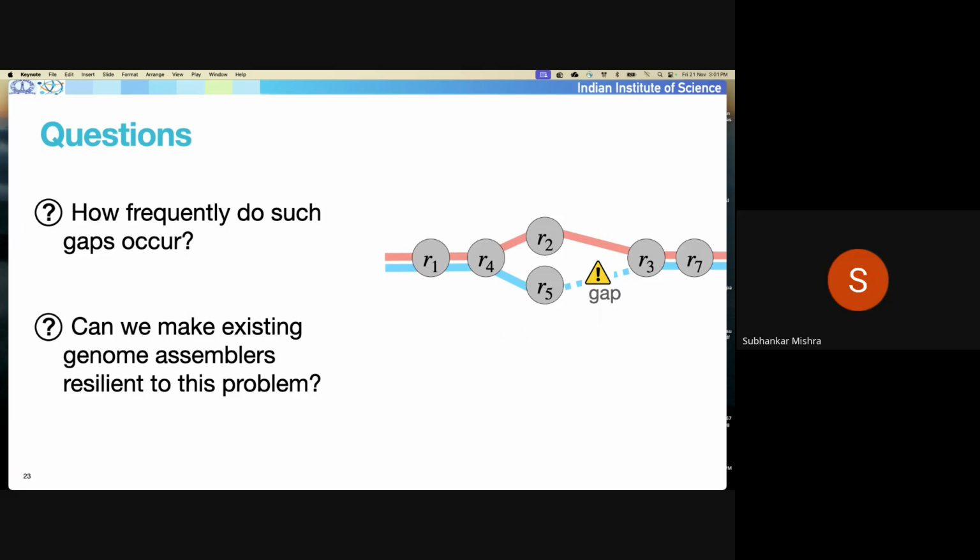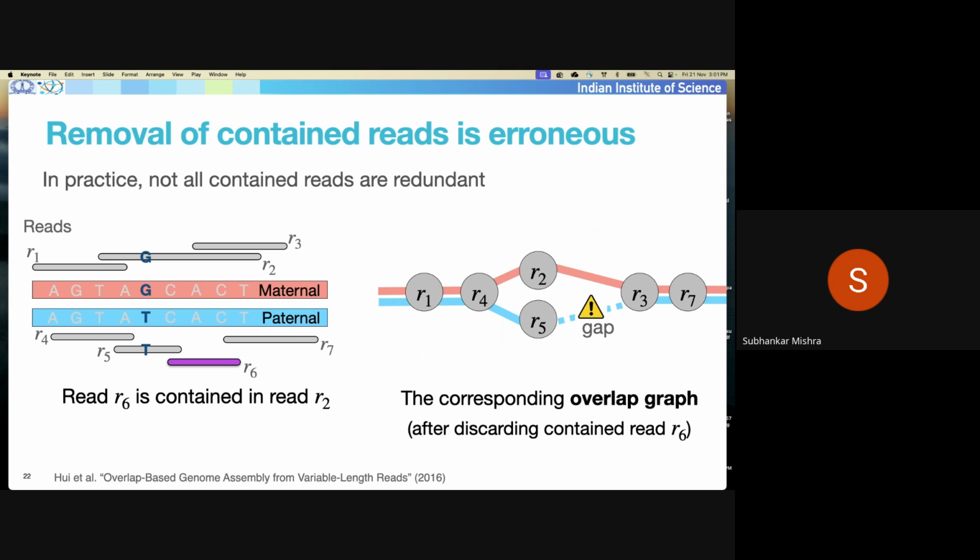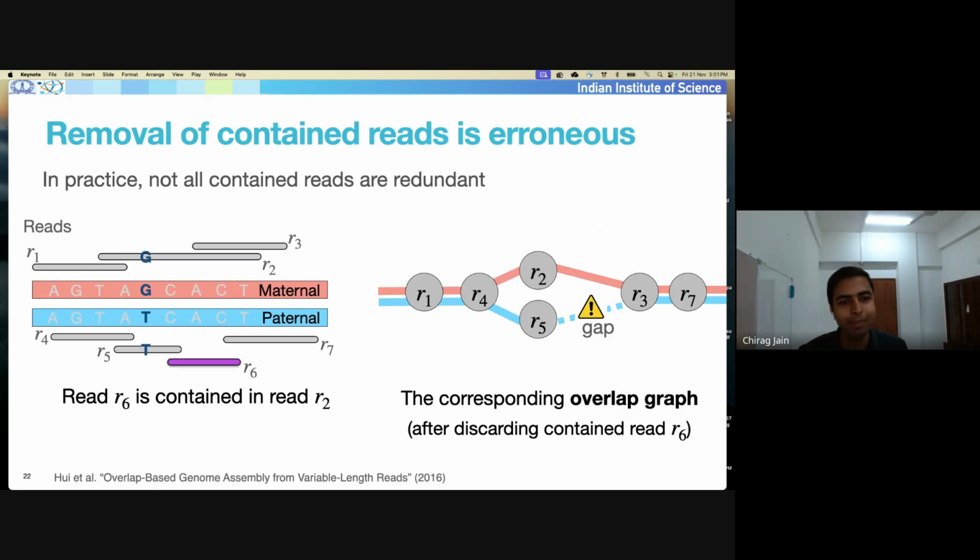Dr. Chirag, just one quick question. If you move to the previous slide, for example, let's say R6 is contained in R2. What if we remove R2 and keep R4, R5, R6, and R7? Like remove the bigger one and keep the smaller, overlapped ones. Yes. So in this particular example, maybe that solution works.